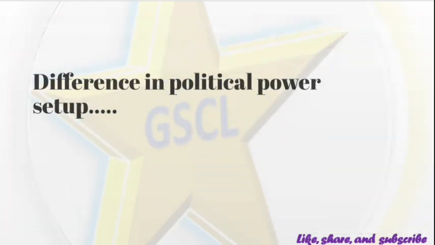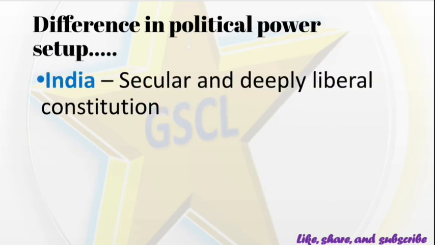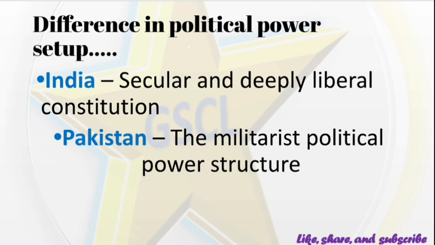Let us begin with the kind of political power that exists in India, Pakistan and China. While India is a secular and deeply liberal constitution, with every religion being accepted, and our constitution grants freedom of choice and many other fundamental rights, Pakistan is a federal Islamic republic.